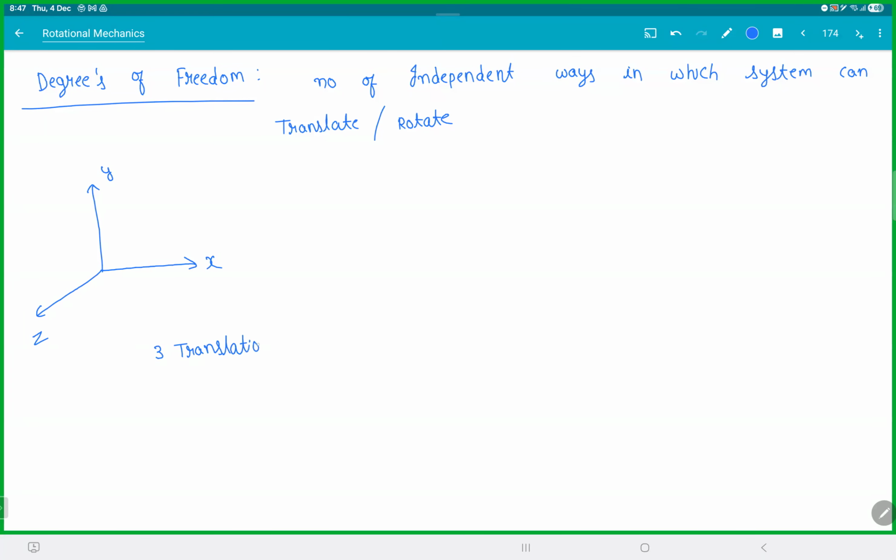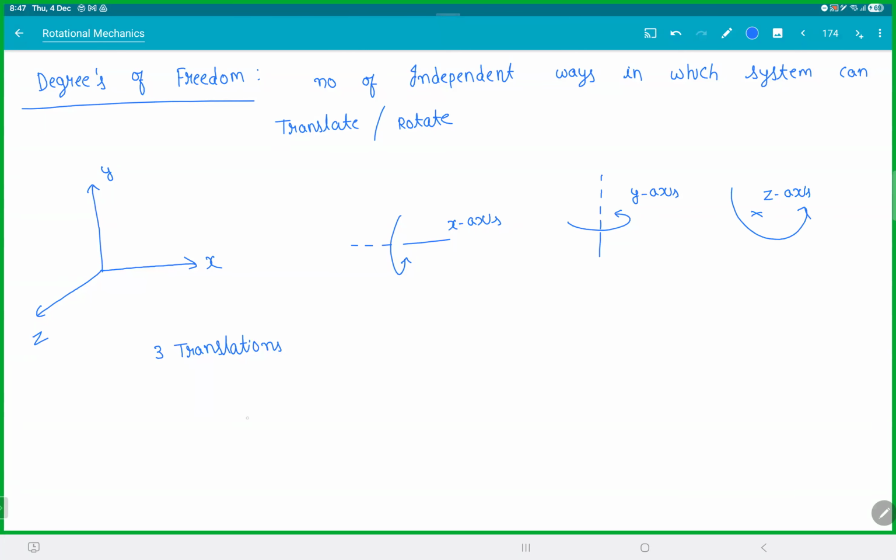plus the body can rotate about the x-axis, about the y-axis, and about the z-axis. So it can have three rotations.